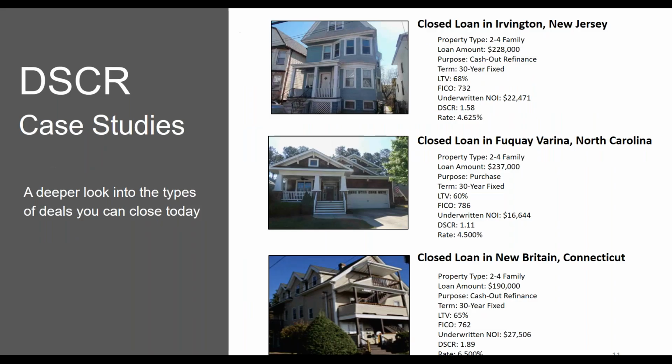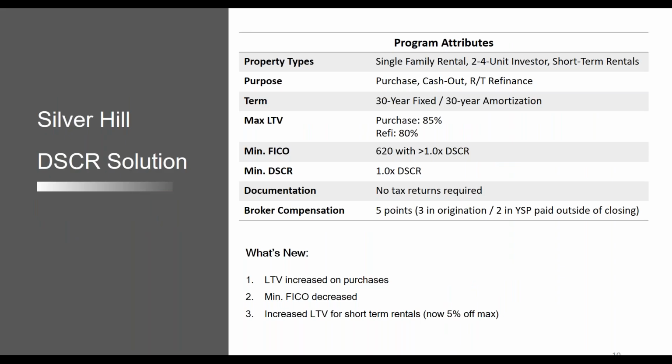Someone else asked because there are obviously a lot more guidelines than this. It's a very simplified look into the program. I would encourage you, we got some specific questions here, to certainly reach out to your account executive, because they've got the full guidelines at their disposal. They'd be happy to walk you through every part. But questions about prepay, and that's a good one. And we have a couple options.